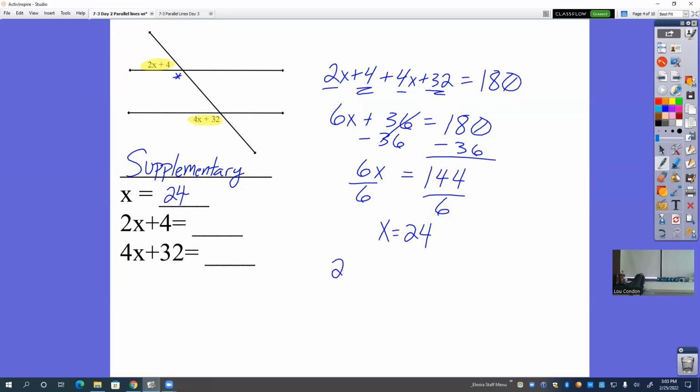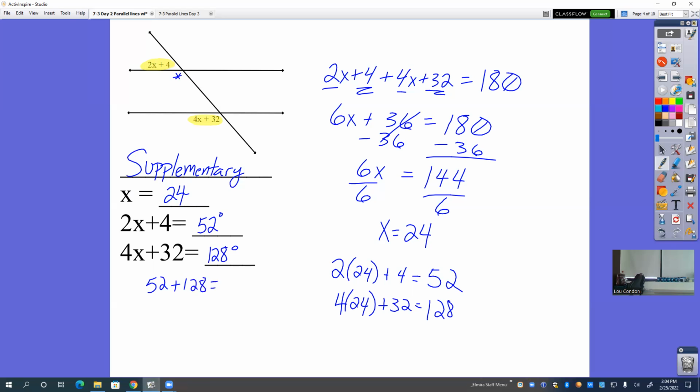Okay, and then 2 times 24 is 48, plus 4 is 52. And 4 times 24 plus 32 equals 128. And 52 plus 128 does equal 180. So we know that our work was done correctly.